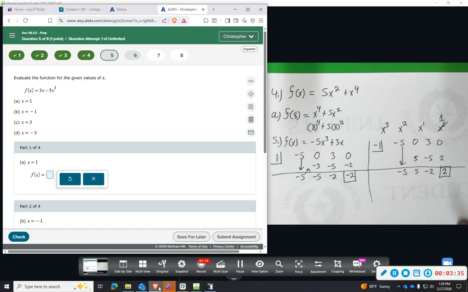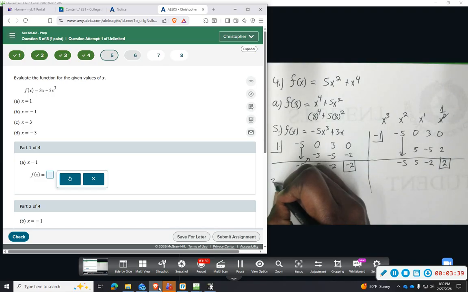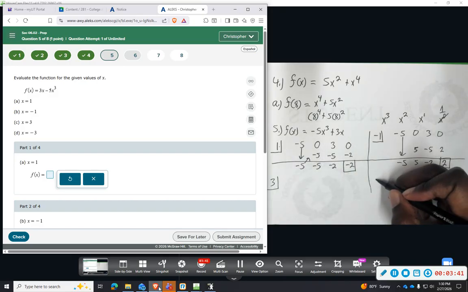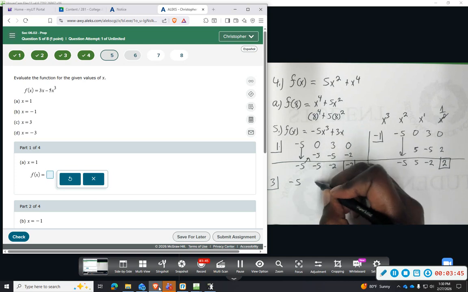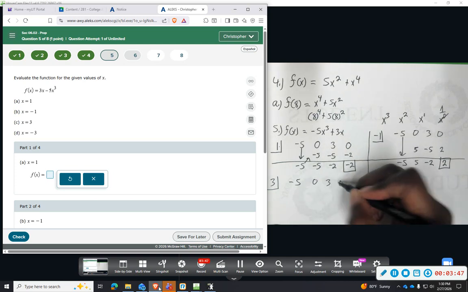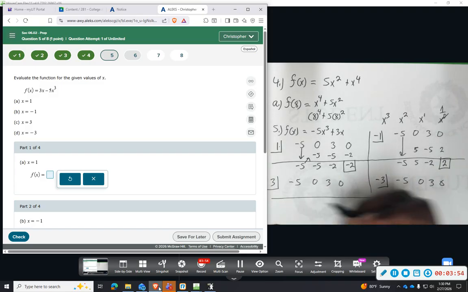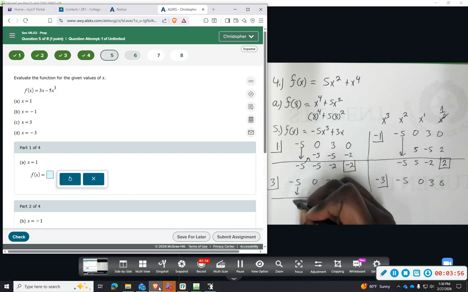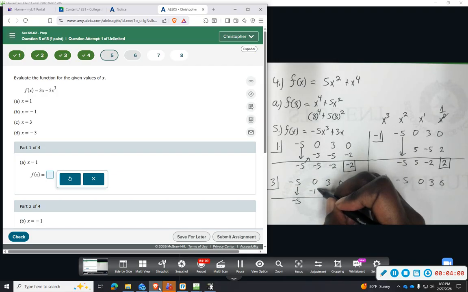Then we'll also do the same thing with 3 and negative 3. Set up negative 5, 0, 3, 0, and then negative 5, 0, 3, 0. So again, you bring the first term straight down, negative 5. 3 times negative 5, negative 15.